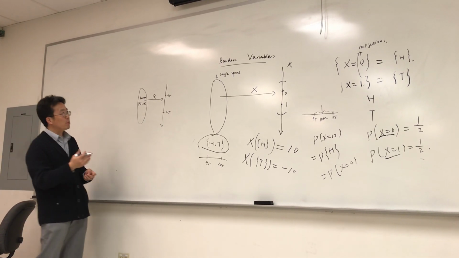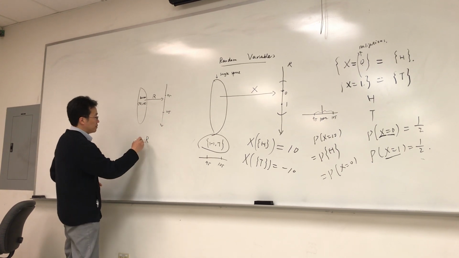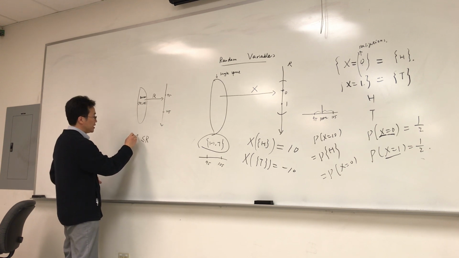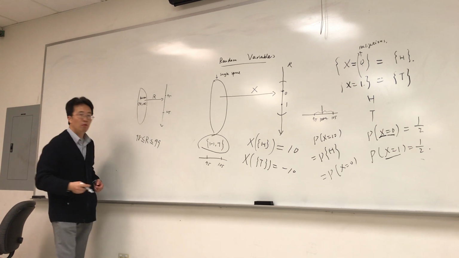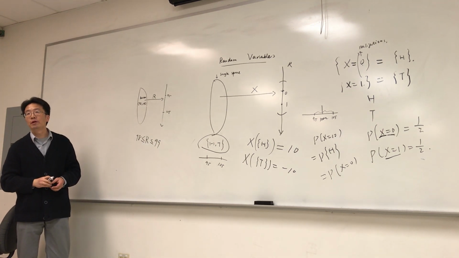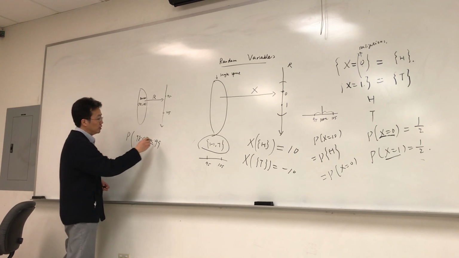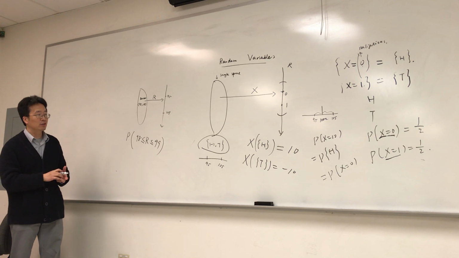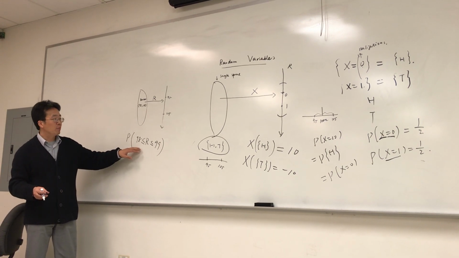Then we can represent the probability like this: R between, say, 98 and 99, for example. Okay, this type of probability. Of course, we need to study a little more advanced concepts later before we can figure out this type of probability.